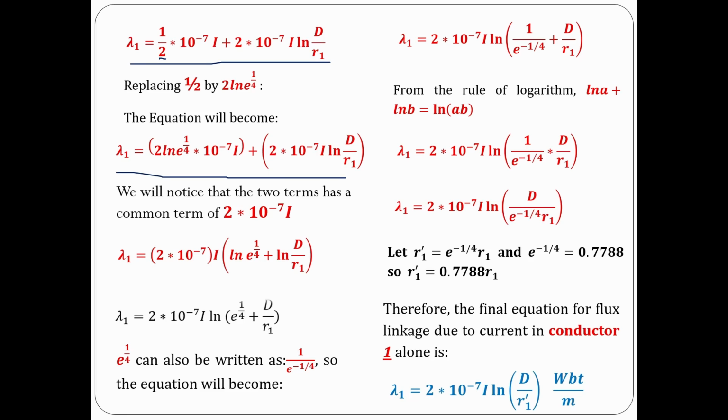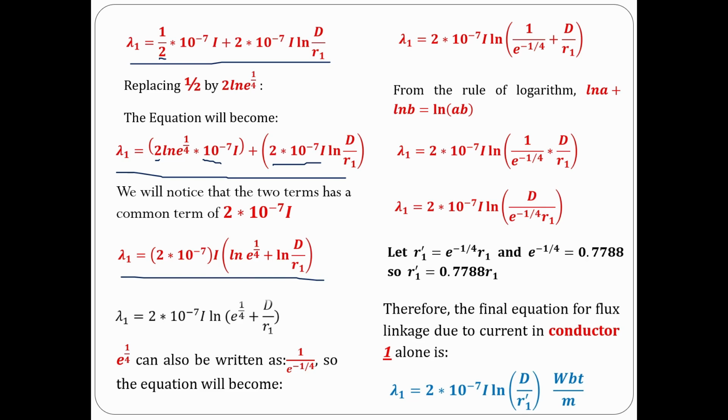We will notice that the two terms have a common term of 2 times 10 to the negative 7 i. Simplifying the equation, it will become 2 times 10 to the negative 7 i, open parenthesis, ln e to the 1/4 plus ln D over R1.